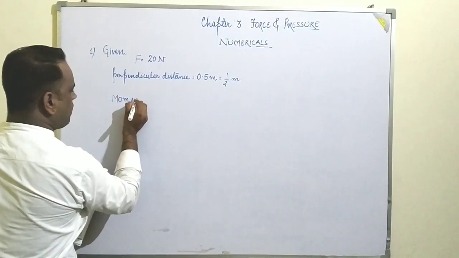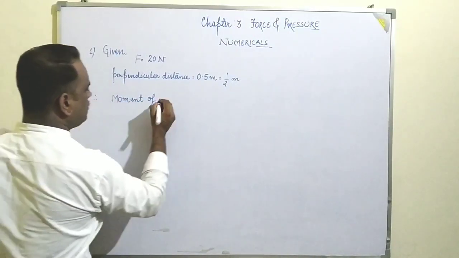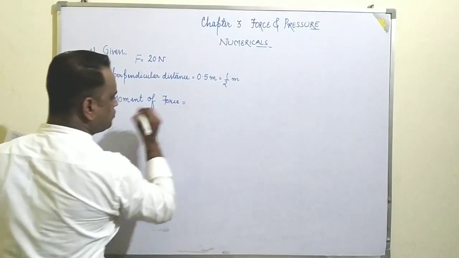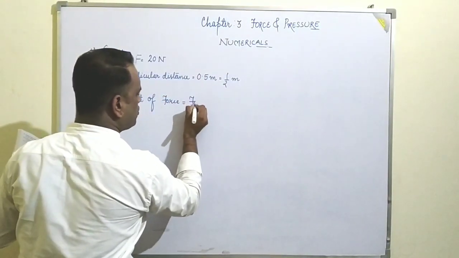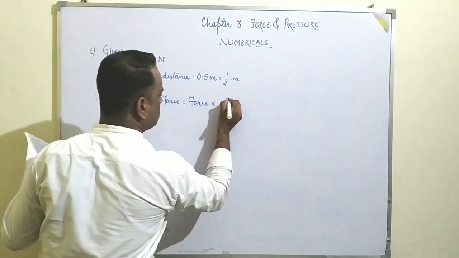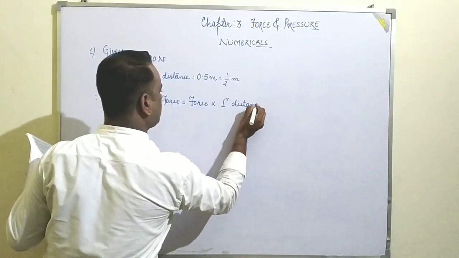The formula of moment of force: moment of force is equal to the product of force and perpendicular distance. Both things are given in the question.